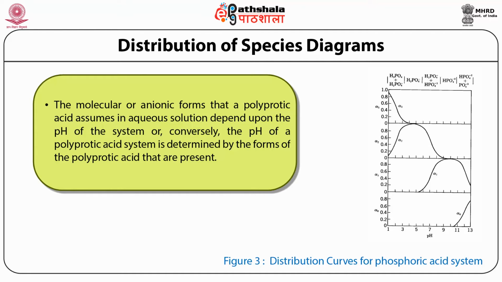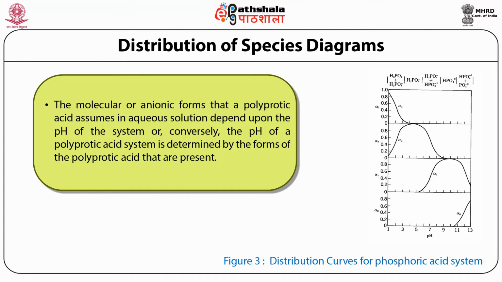Between pH 1 to 3, H3PO4 is present along with the H2PO4 anion. If we further increase the pH, only the H2PO4 anion is present.